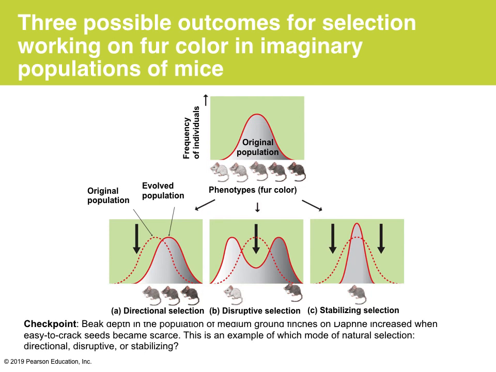In the middle, you have disruptive selection. So whatever selective elements are there, there's actually a favoring of the very light and the very dark, but not the ones in between. So now you see two peaks, one for the light-colored mice, one for the dark-colored mice. That's disruptive selection. And the last is stabilizing selection, where the peak doesn't move one way or the other, but it narrows. You're selecting against both extremes and favoring what's in the middle.